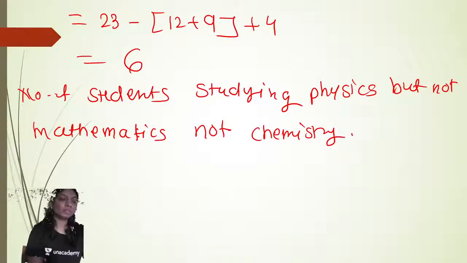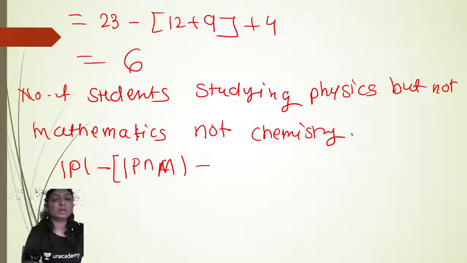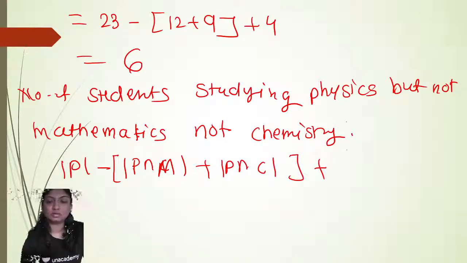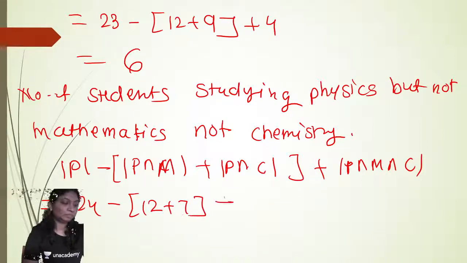So you will get cardinality of P minus cardinality of P intersection M plus P intersection C, plus cardinality of P intersection M intersection C. Cardinality of P is 24 minus 12 plus 7 plus 4. We get 24 minus 19 plus 4, that is 9.